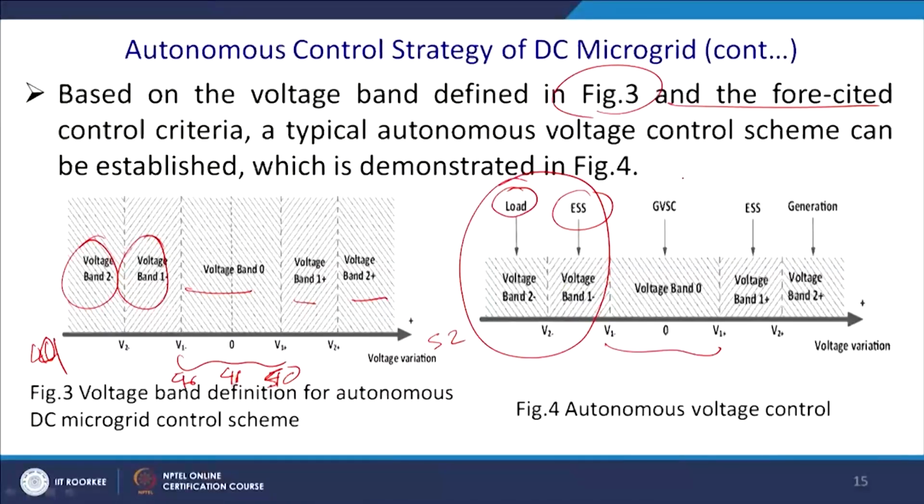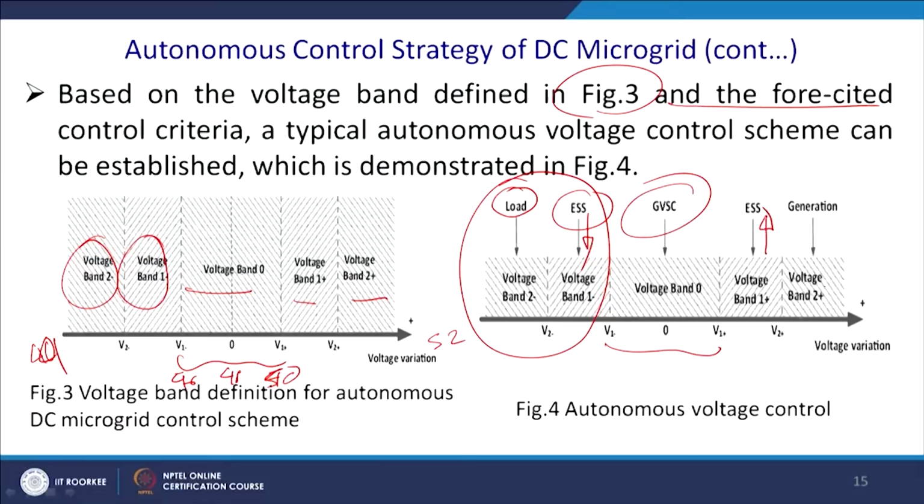Thereafter, in this zone generally there is a small voltage difference, then a grid side converter will come into the picture depending on the price of the grid. Same thing generally here it will feed power to the ESS, and in the positive band it will take out power.